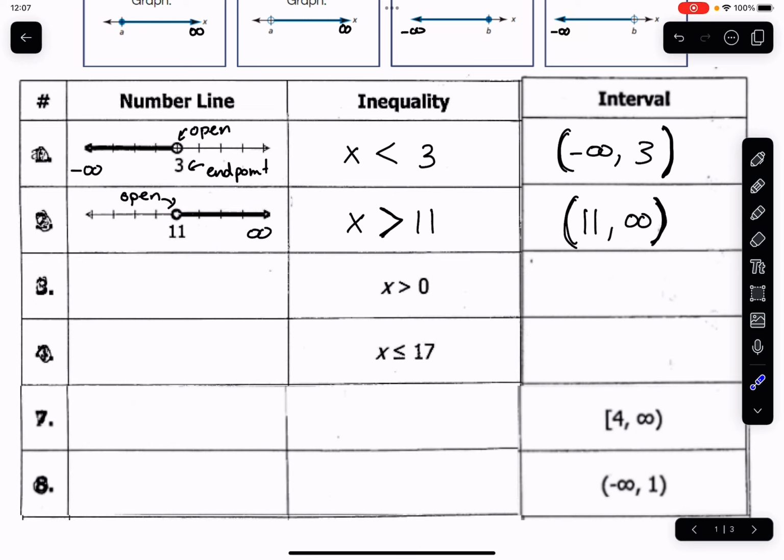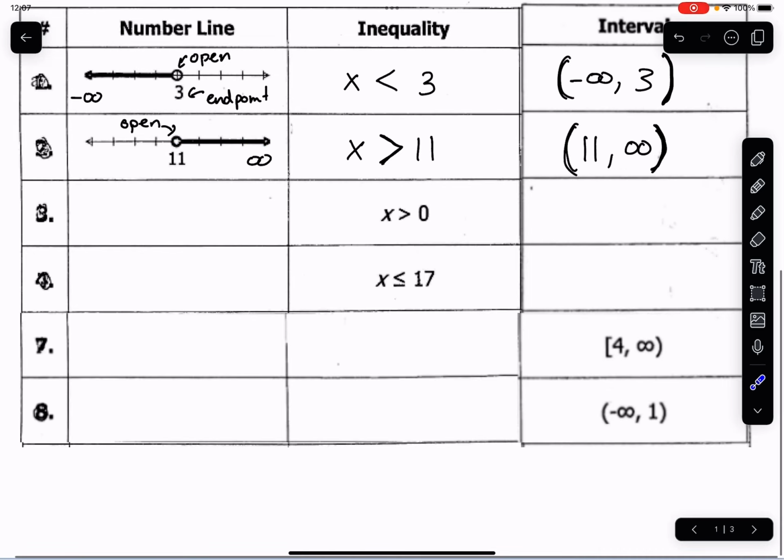Okay, now let's look at the second set, numbers 3 and number 4. Starting with number 3, here we have this inequality. So let's draw the number line first. For a number line, we have the number 0 in the middle, and the arrow is pointing towards the right. Again, this is greater than.